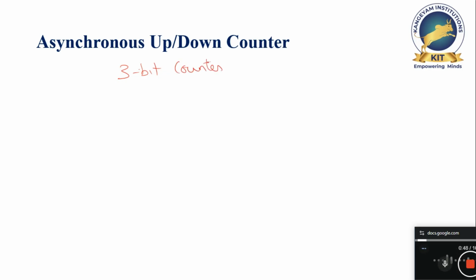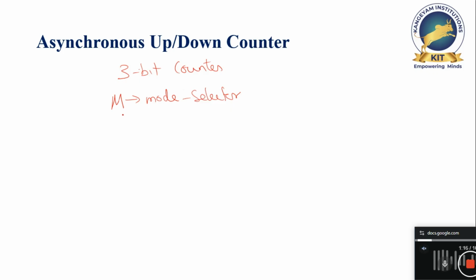To do an up counter or a down counter, we will have one more extra input called M, which is called the mode selector. According to the input of M, either the counter will act as an up counter or it will act as a down counter.